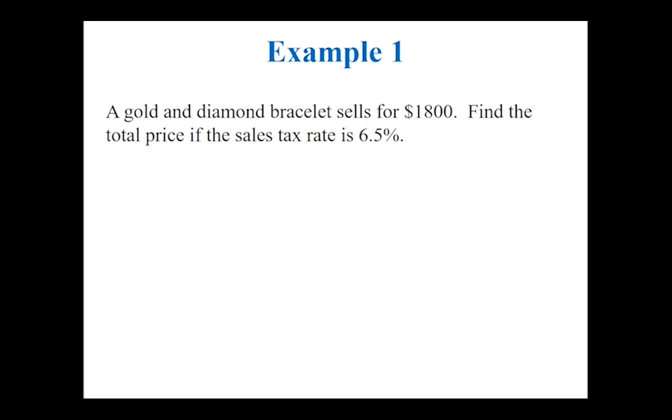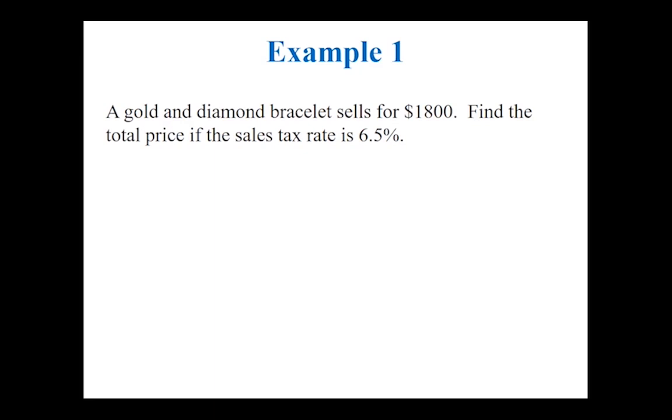Okay, so I go into the jewelry store. I see this gold and diamond bracelet. For some reason, I say I want to buy this for $1,800. They take it to the cash register. They ring it up. The tax rate is 6.5%.